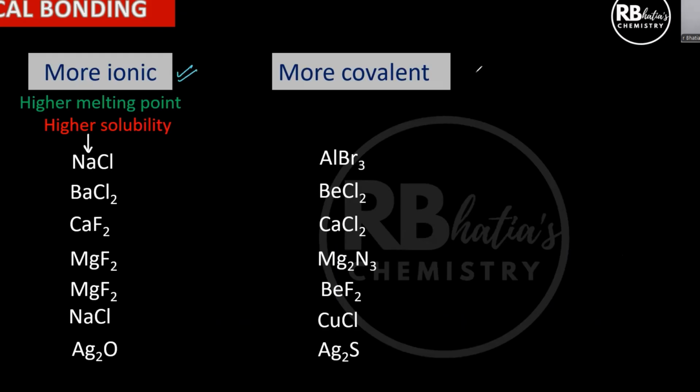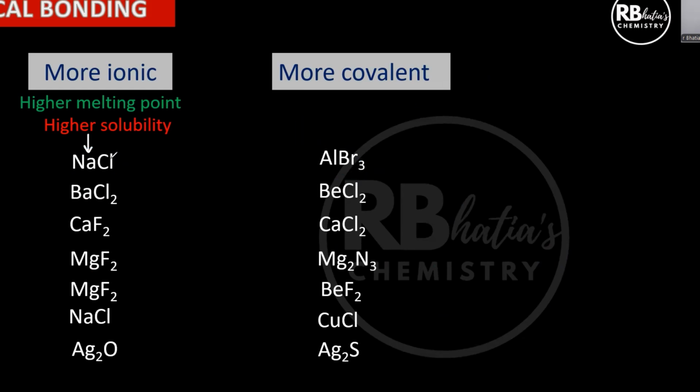This side we have more ionic and more covalent. Let us say I'm comparing sodium chloride and aluminium bromide. Sodium ion and this is aluminium ion, that means a smaller cation with a high charge. And here we have chloride and bromide. This is a large anion, small cation, large anion, more covalent character.